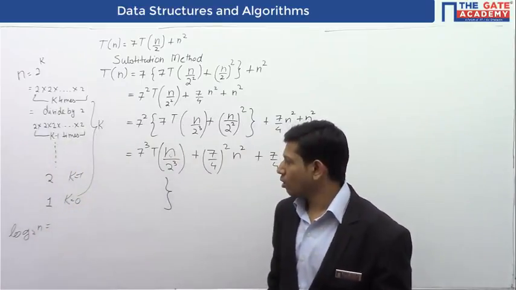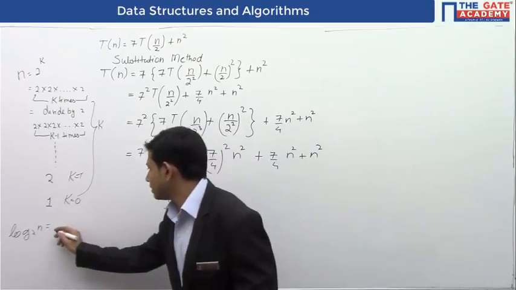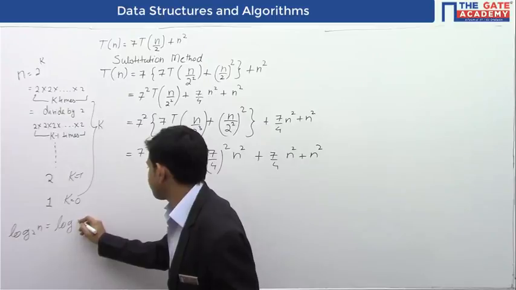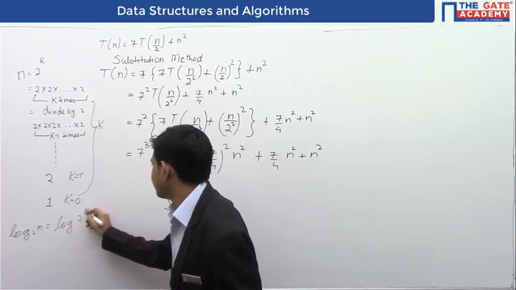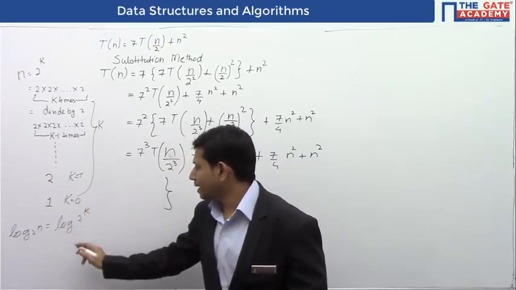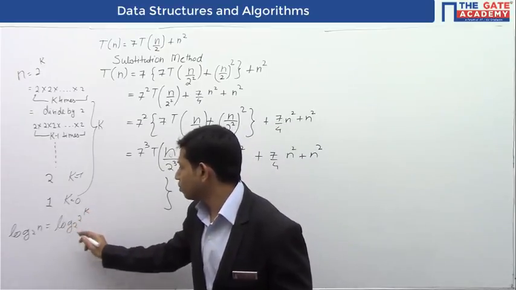If we take log of n base 2, it is equal to log of 2 raised to power k. So what will it become? k will come in front and it will become log of 2 base 2.